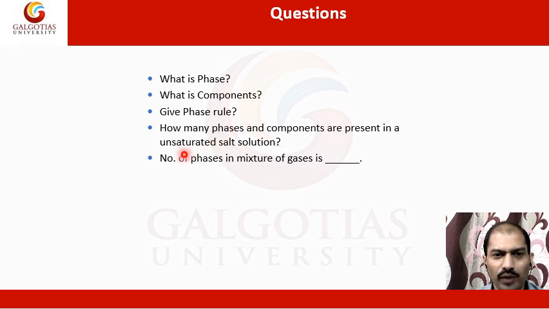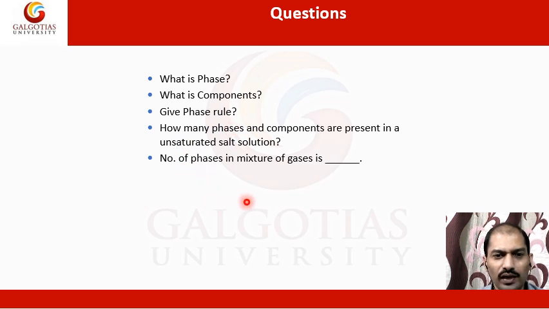So these basic ideas are required, and how many phases and components are present in an unsaturated salt solution, if it is asked. So the number of phases in a mixture of gases, in case of different gases, how many phases could be there. That depends upon the practice in various single component, two component, three component systems.